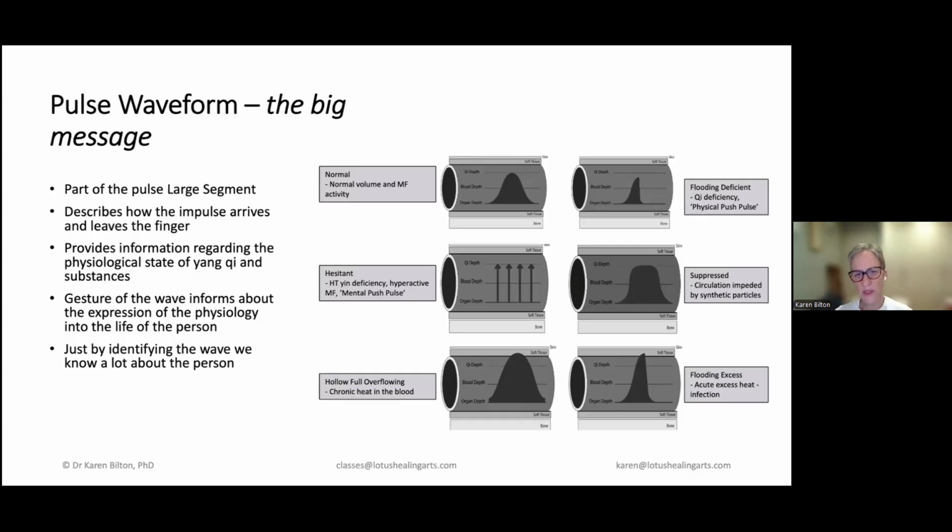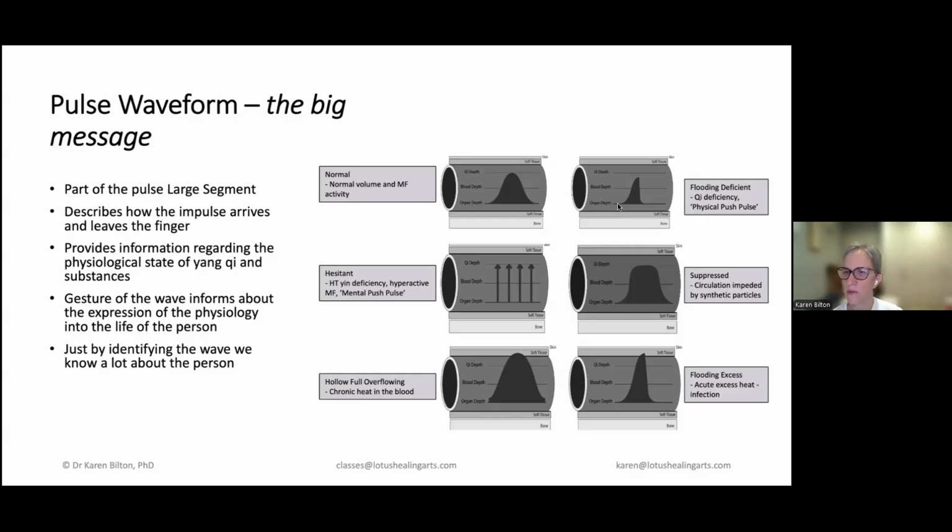Now, this is our sign of a hyperactivity, material fire or a heart yin deficiency. Dr. Shen used to talk about this waveform presenting itself in people who push themselves mentally. People who are working on computers or studying, these people are working too hard mentally.